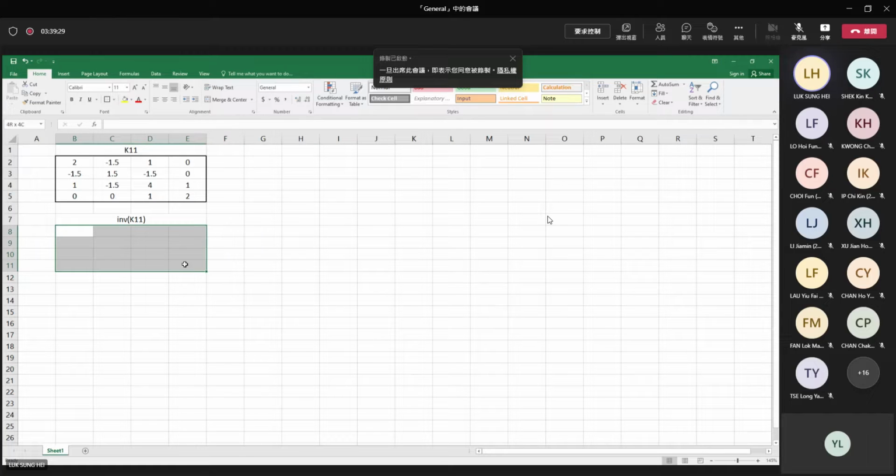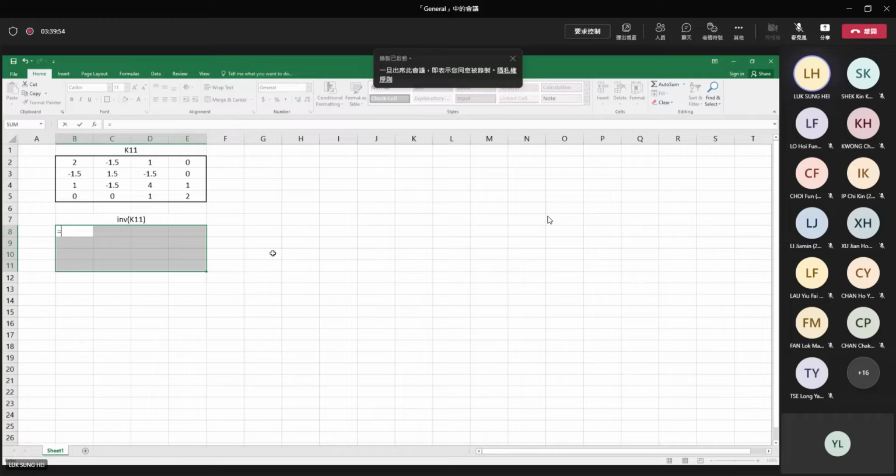In Excel, if you want to do matrix calculation, you have to first select the final dimension of the matrix. After inverting the matrix K11, the dimension remains the same, 4 by 4.